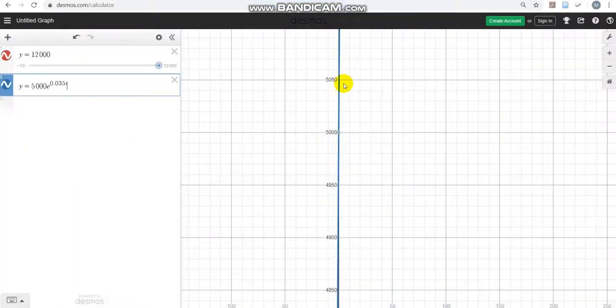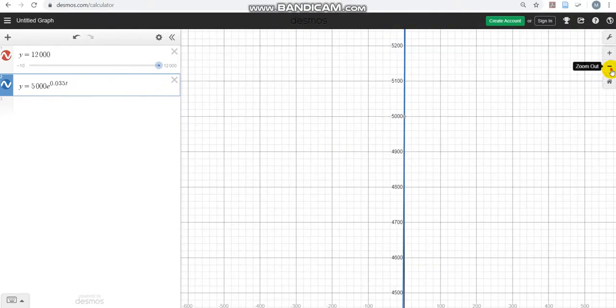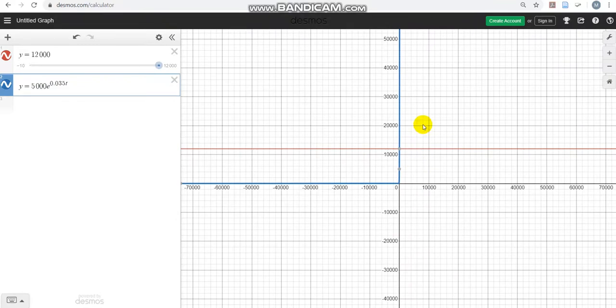Okay, so we go back to decimals and graph it. So y equals 12,000, and y equals 5,000 e raised to the 0.035 t. As you see here, you can't really see anything, so you gotta zoom in, zoom out if you need to. There's our graph.